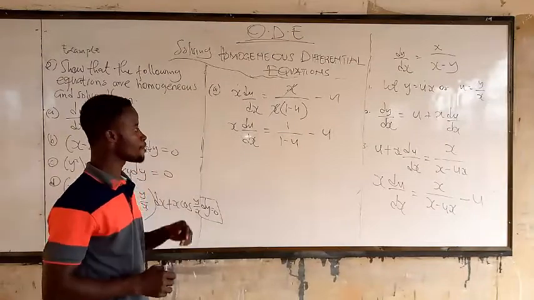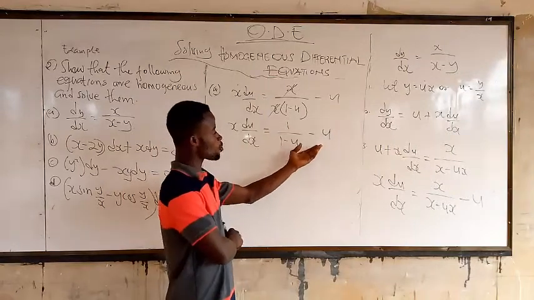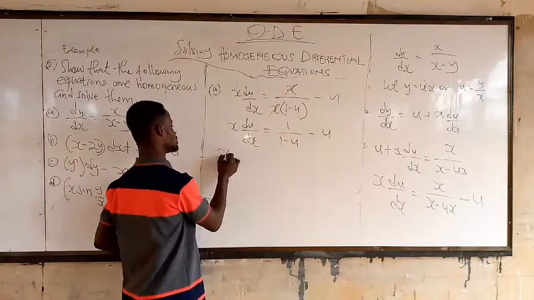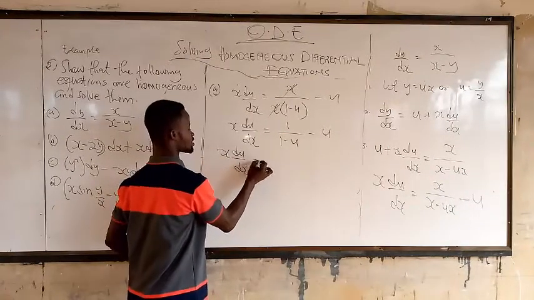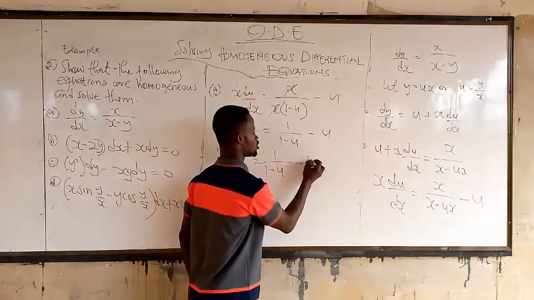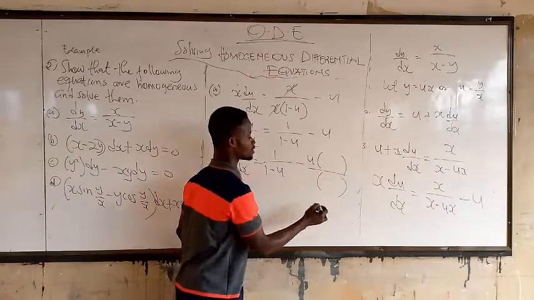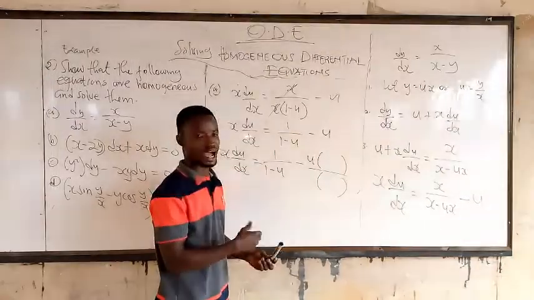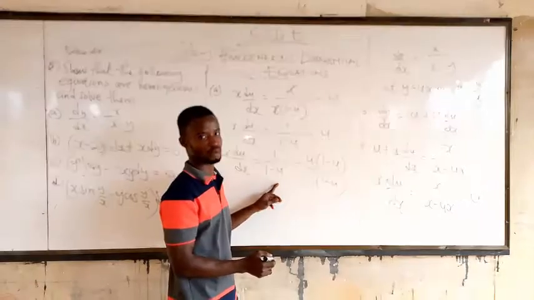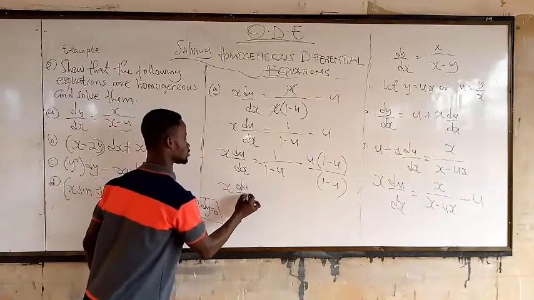Alright, so here let's apply our algebra. Let's maintain the same denominator. To do that, for 1 over 1 minus u minus u, we are going to multiply this u by 1 minus u, because we want the same denominator. So this is still the same thing, we haven't changed anything.